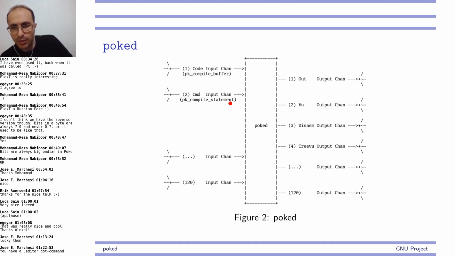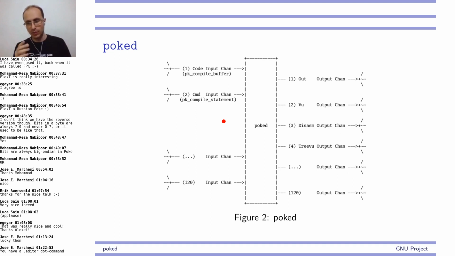This is the pokd program. You see here we have input channels on the left side, and we have output channels on the right. So the first one is special, already defined. Whatever the user writes to channel number 1, the pokd will give it to the pk compile buffer function, which is generally code.